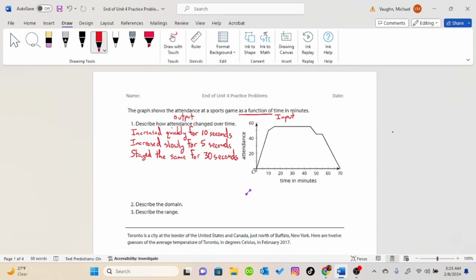Then we see this decline, and this decline is fairly steep. So we'll say it decreased quickly for, it looks, about 5 seconds.